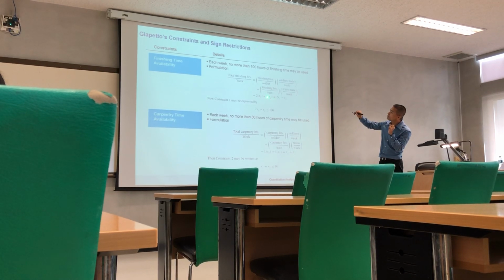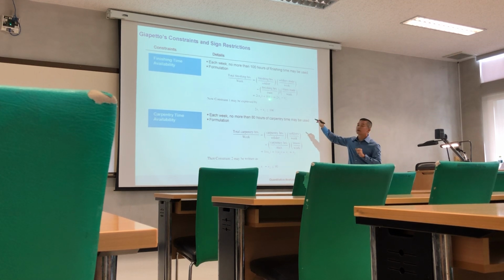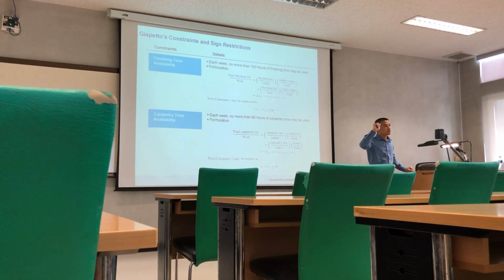And to produce one train requires 1 hour of finishing time, so to produce X2 trains, that's 1X2. So your finishing hours would be a total of 2X1 plus X2. Because you have at most 100 hours of finishing time, 2X1 plus X2 must be less than or equal to 100. Okay? Understood?